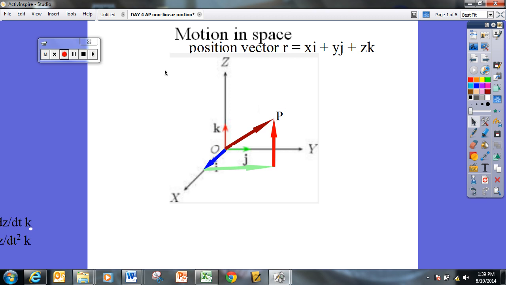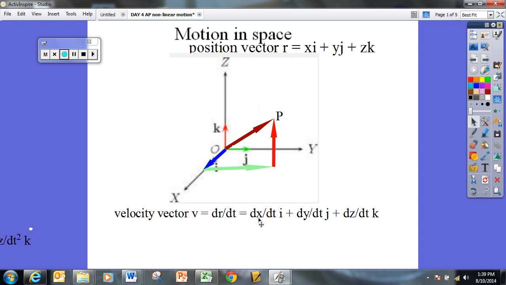And then the question of velocity. Now that we've gotten position, velocity, just as it was the case before, is going to be the derivative of position, or the change in position with respect to time. And as we would so nicely hope, when you take the derivative of r with respect to time, you are taking the derivative of this polynomial, where x, y, and z are functions of time, but i, j, and k are constants.